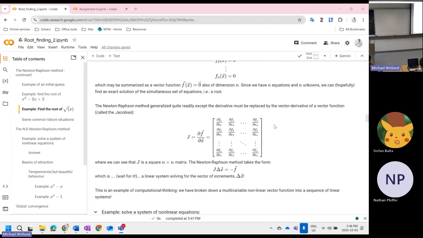The magic happens with the derivative. The derivative has to be a vectorial derivative, which is called the Jacobian in this case. I mentioned yesterday, be careful about considering this a gradient. Gradient is usually the derivative of a scalar function by a vector. This is actually the Jacobian, the derivative of a vector by a vector.